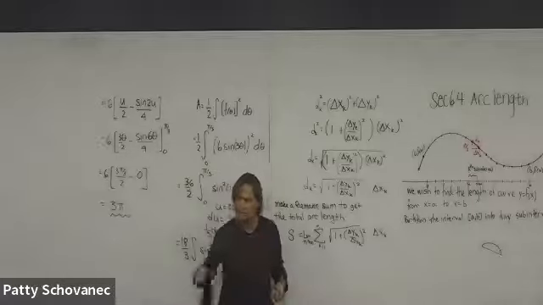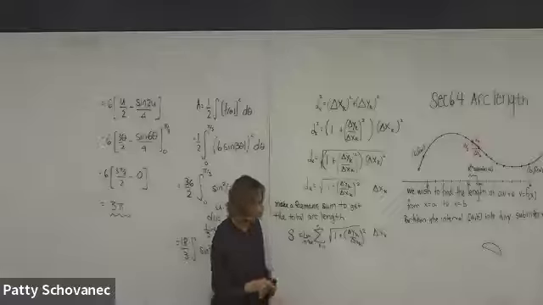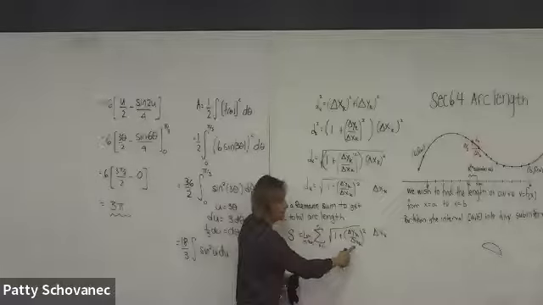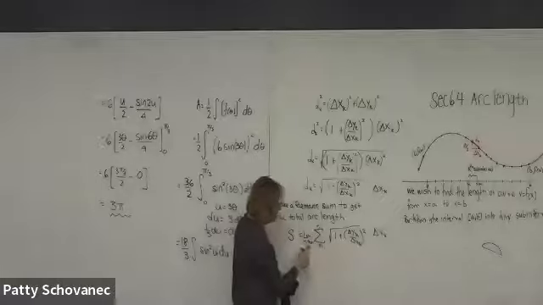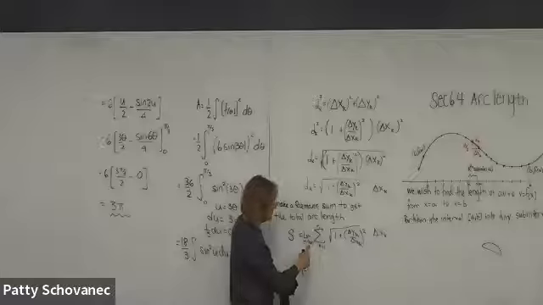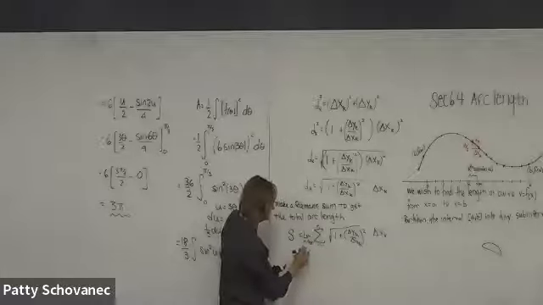The mean value theorem says that in a small delta x k interval, as that goes to 0, as n goes to infinity, the delta x k's do indeed go to 0.